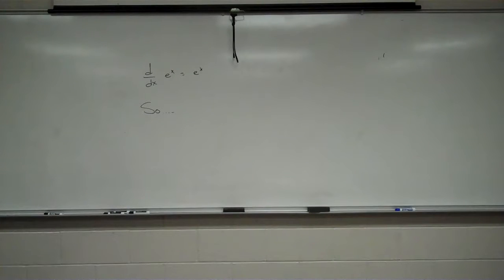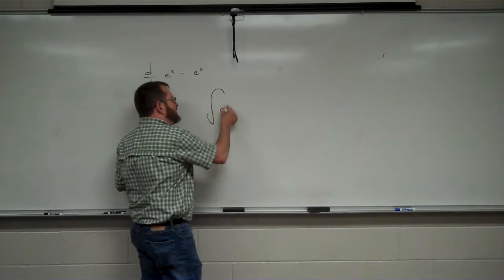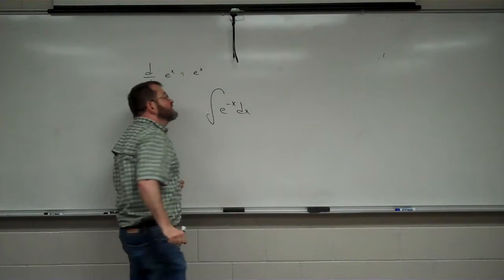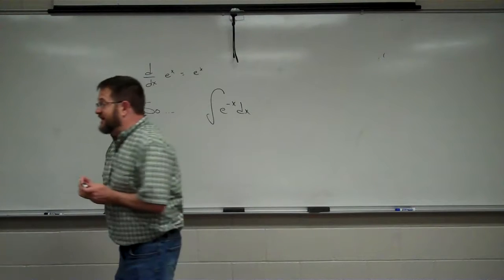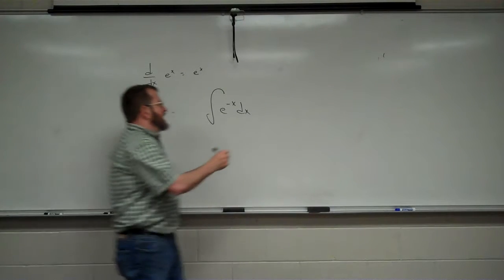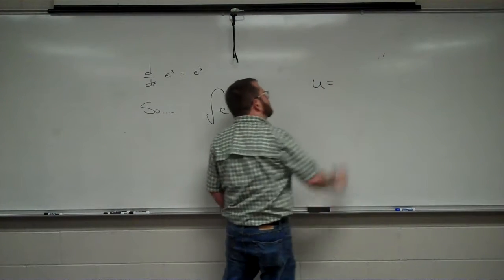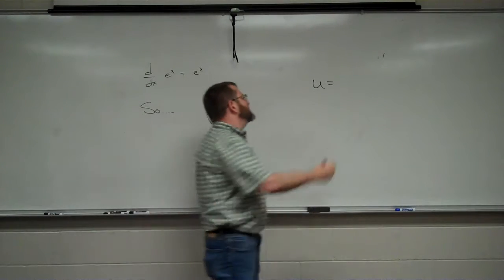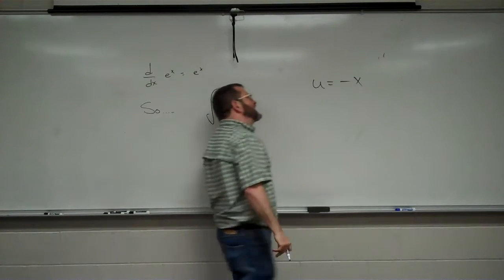So, for example, just as a really slick little thing, let's look at example 5.37 on the first page of this section. It says, what if you were talking about the integral of e to the negative x dx? That's not a rule that we have done yet, but we can do a substitution here. We can try different substitutions, but the one I think is going to work best is u equals negative x.